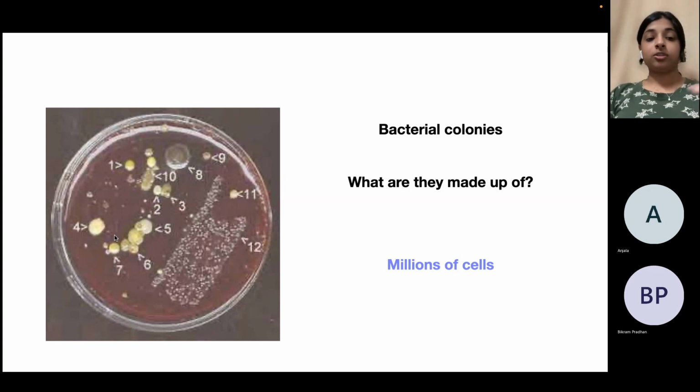They may be smooth, they may be wrinkled, may have a dry appearance, they may have a mucoid appearance, and they may have different colors growing on different plates with different nutrient sources. But essentially, what they are made up of is millions and millions of cells put together.